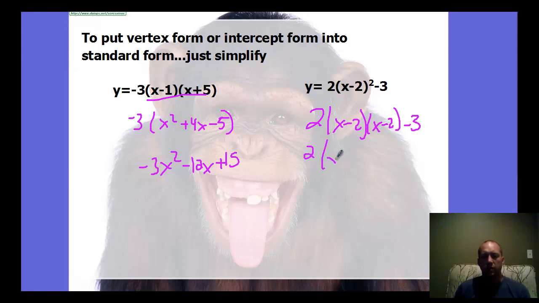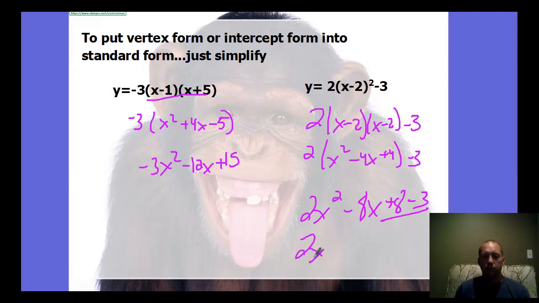So then we get x squared minus 4x plus 4. Distribute the 2. And then we can combine like terms. That's a quick way of putting it into standard form from intercept form.